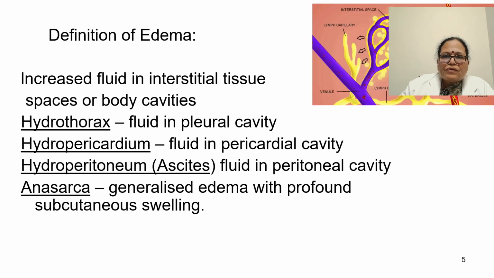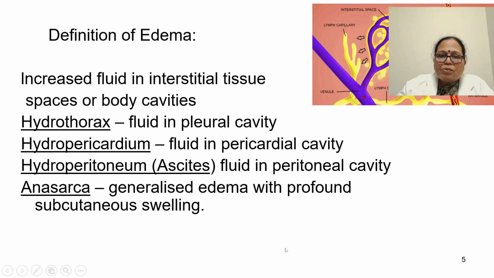So, what is the definition of edema? I always tell the students that certain definitions you have to memorize. You can't just sit before the examiner and say you don't know. When somebody says define edema, it is increased fluid in the interstitial tissue spaces or body cavities.